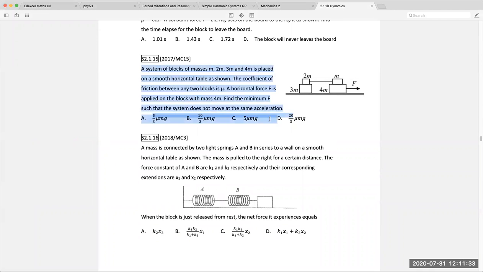How about this one? Can you try to solve this one?